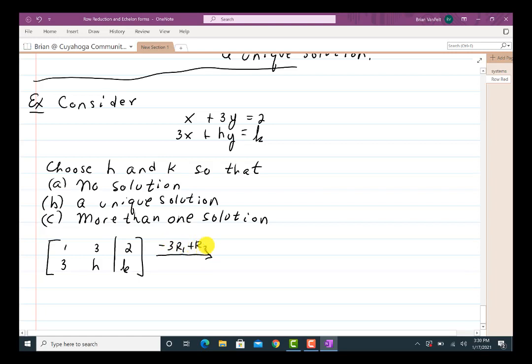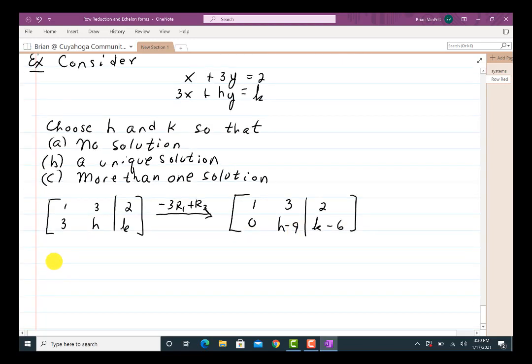So I'll wipe out the 3 that is underneath the 1. So when I did that, then I have negative 9 plus h, or h minus 9. I like the looks of that better. And then over here I have negative 6 plus k, so I have k minus 6. Make that 9 a little better.